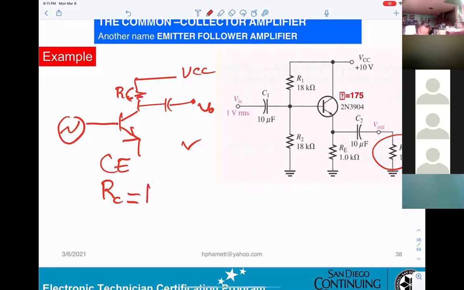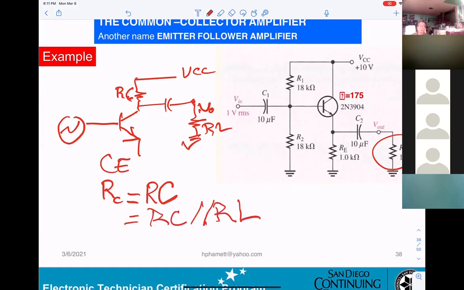Equal, right? Not in parallel with a load. The thing is we have no load. If you get the load resistance here, then it will be R big C in parallel with the load. You have to understand that.